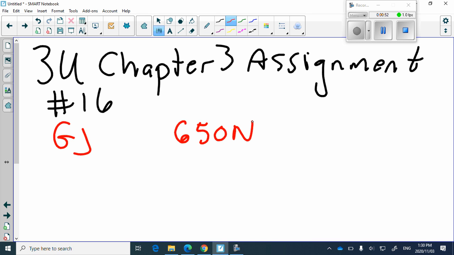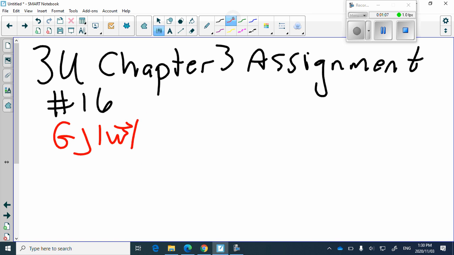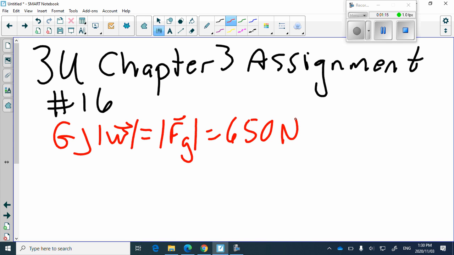This is a really tricky way of telling you that the magnitude of the weight, or the magnitude of the force of gravity, is 650 newtons. That's a tricky way of telling you the weight of the student, with the magnitude signs.